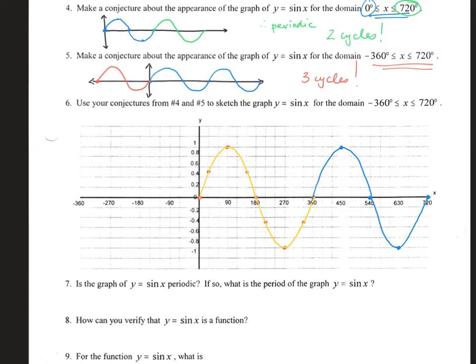So what I'd like you to do is plot your maximums, your zeros, and your minimums back to negative 360 degrees and see if we can construct a pretty decent looking curve. Pause the video now and we'll see if we match up.